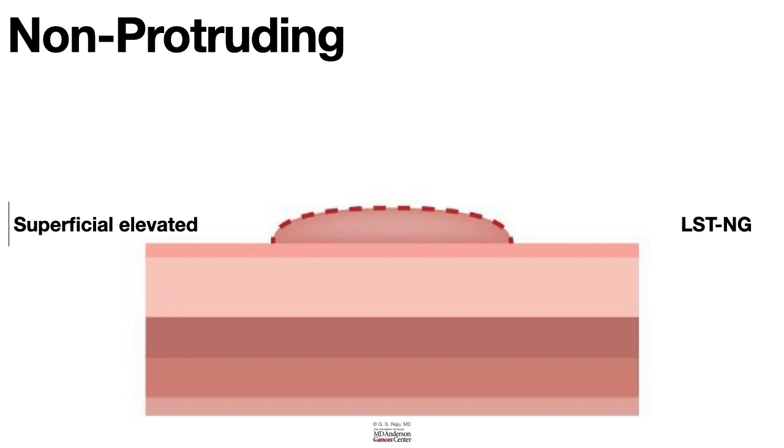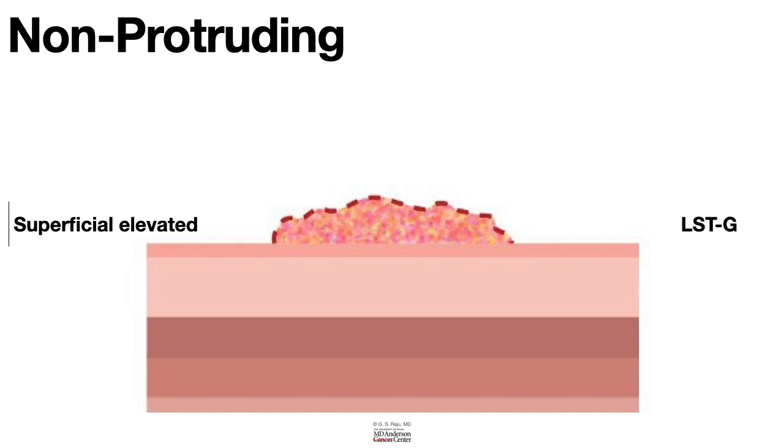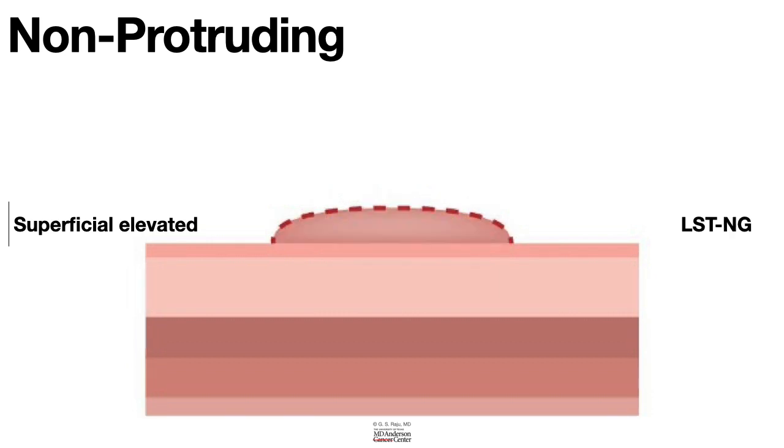On the other hand, if it is smooth without a granular surface, it is known as a laterally spreading tumor of the non-granular type. So, superficially elevated 2A that is bigger than 10 millimeters is known as a laterally spreading tumor.